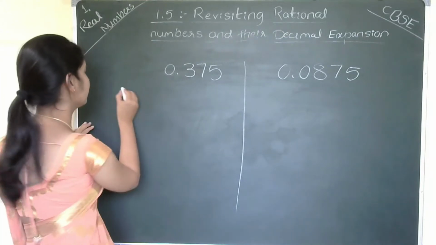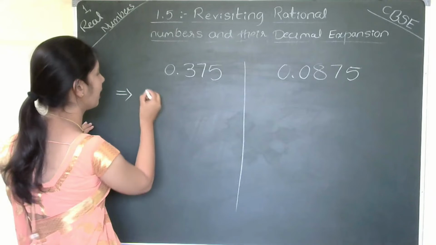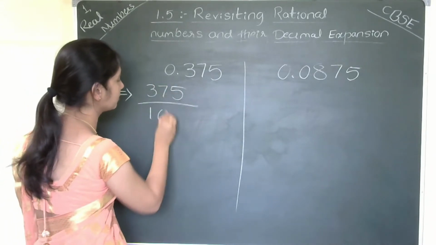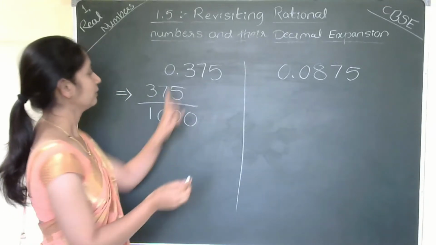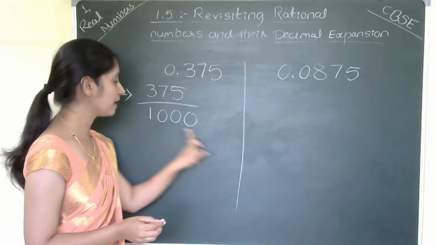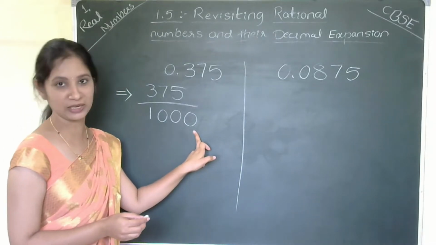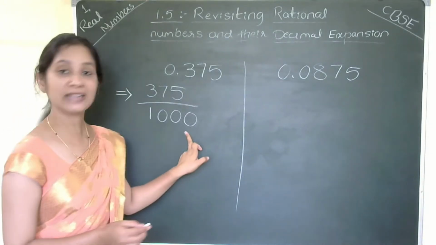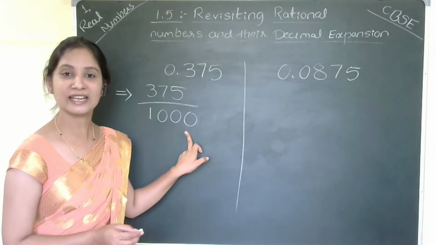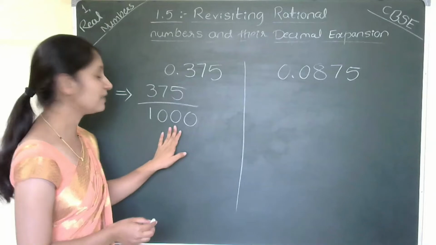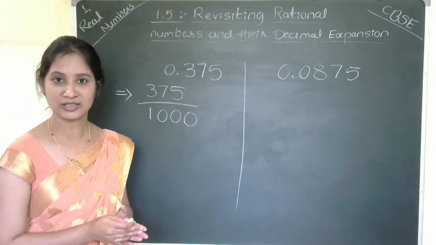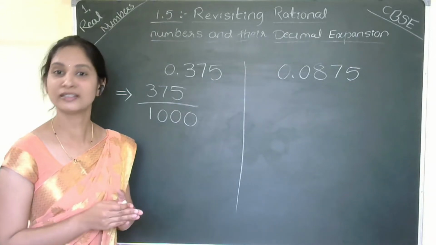Yes, I can write 375 divided by 1000, with 3 digits after the decimal point, so I am writing 3 zeros in the denominator. So 1000 can be written as 10 to the power 3. As well, I can go for prime factorization. I hope you have heard this name.